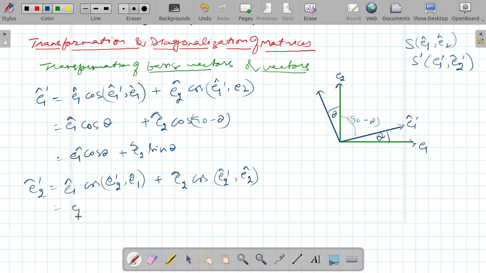So it is E1 cos of 90 plus theta plus E2 cos theta. The angle between E2 prime and E1 is 90 plus theta, so it can be written as E1 with negative sin theta plus E2 cos theta.